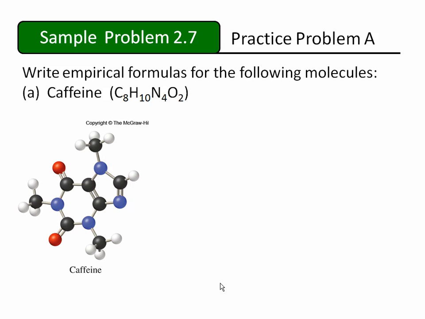Letter A asks us to consider caffeine, the legal stimulant that's found in a wide variety of beverages. Our molecular formula for caffeine is C8H10N4O2. All of the subscript values in this formula are even, which means that to write an empirical formula, we'll need to divide all of these values by 2.